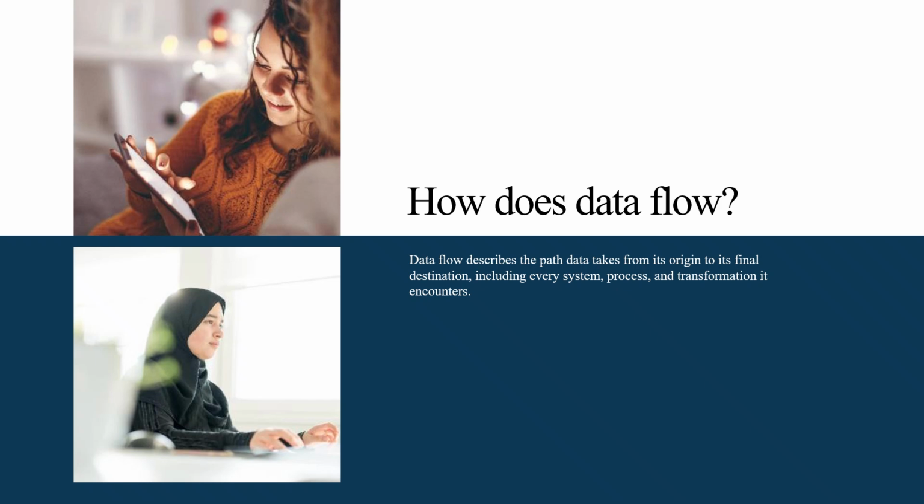A simple example is this: users submit a form, the web app sends the data to the back end, which validates and stores it, the analytical engine pulls the data, and the dashboard displays the insight.